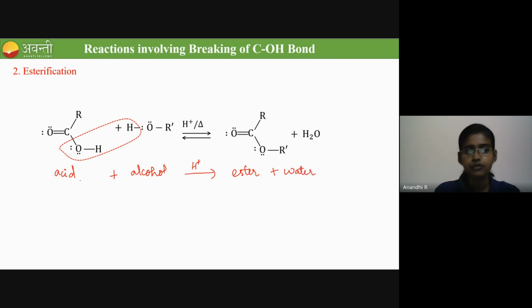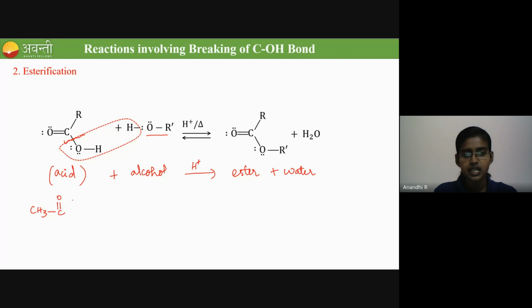From the acid, the CO bond gets broken, and what we are getting is RCOOR dash. That is ester. Got it? So let us see an example for this. I'll take R group as CH3.